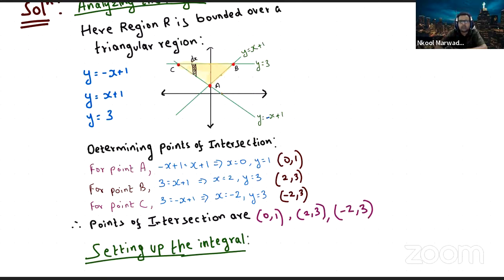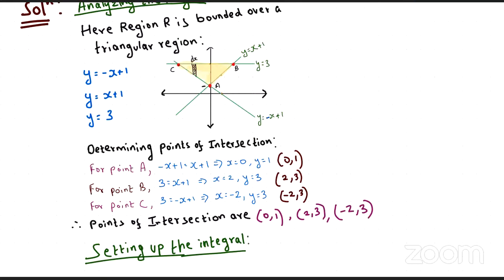The minimum value of y is 1 and the maximum value of y is 3, isn't it?